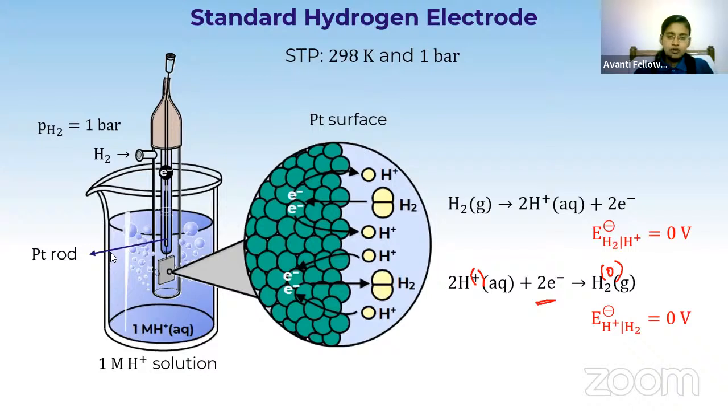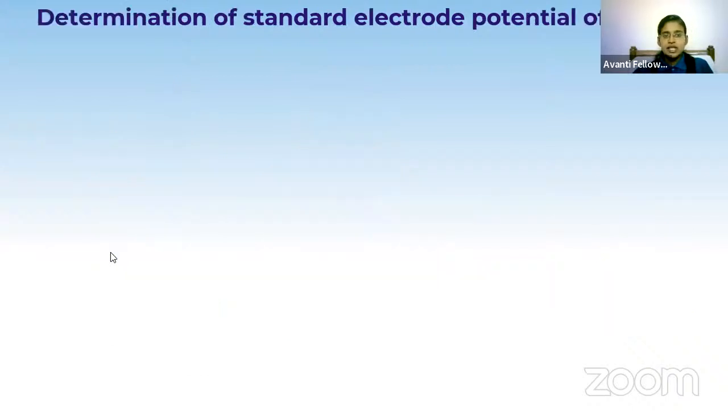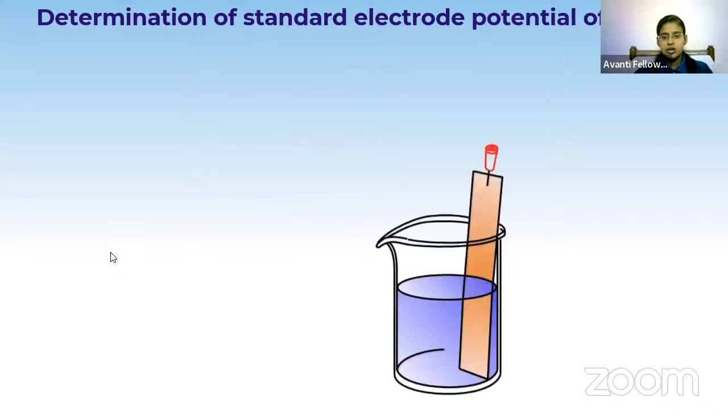Now let me go for the determination of standard electrode potential of metal. How are they determining the standard electrode potential for different metals? For hydrogen, I have shown you. What about other metals? They are determining using a setup like this. We have a metal rod dipped inside the solution in a beaker.